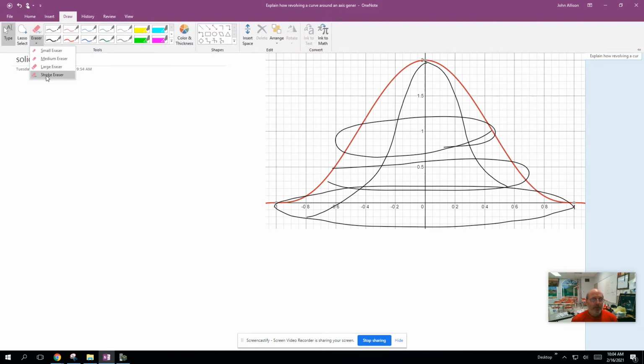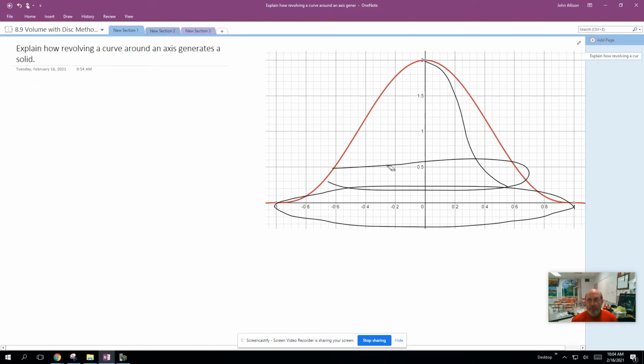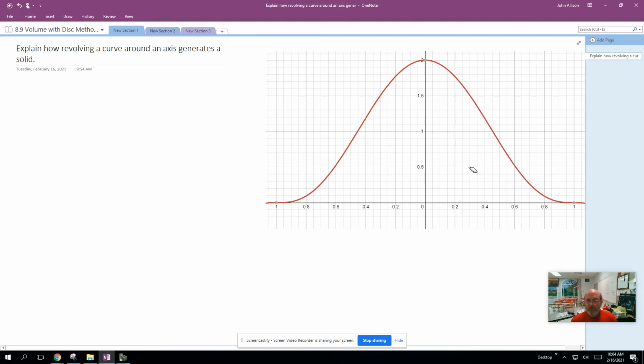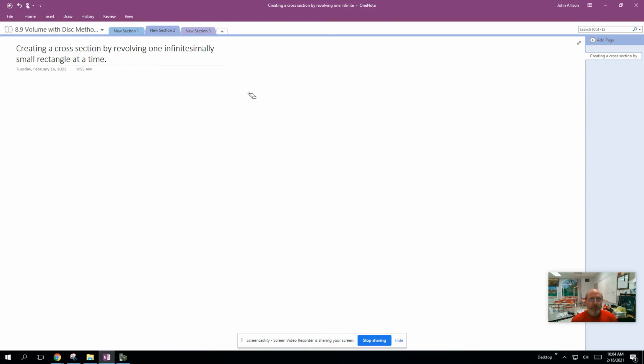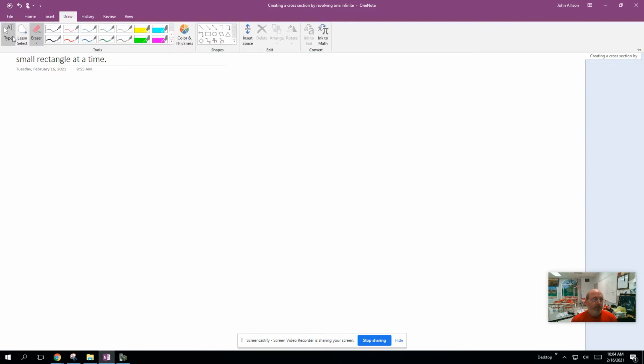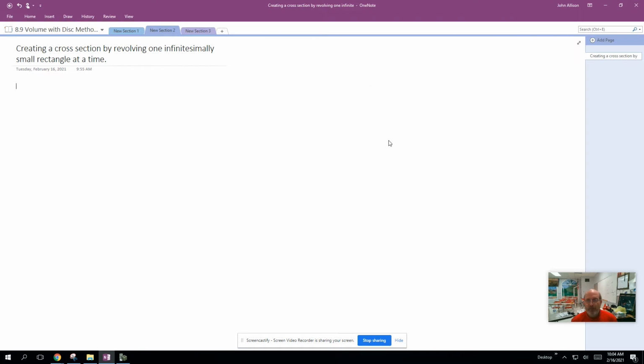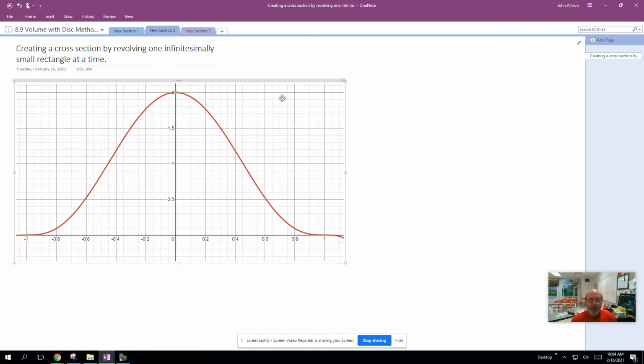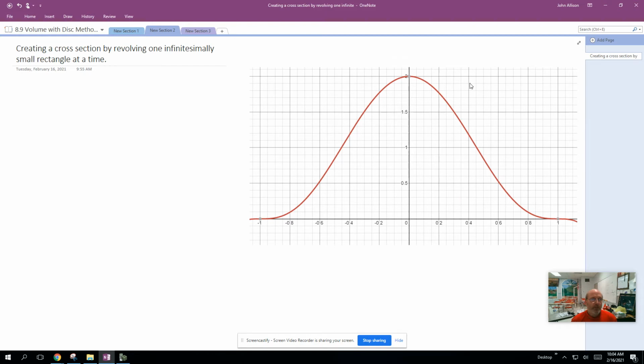And so when we talk about doing this, let's go ahead and start to draw. Sorry, I'm still trying to figure out how to use this thing. When we talk about doing this, what we're doing is we're taking one rectangle.